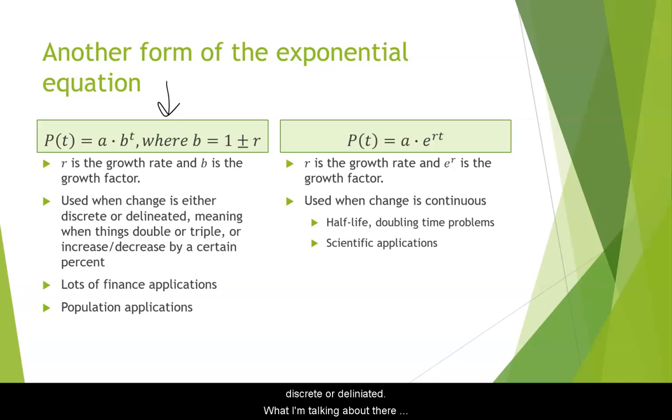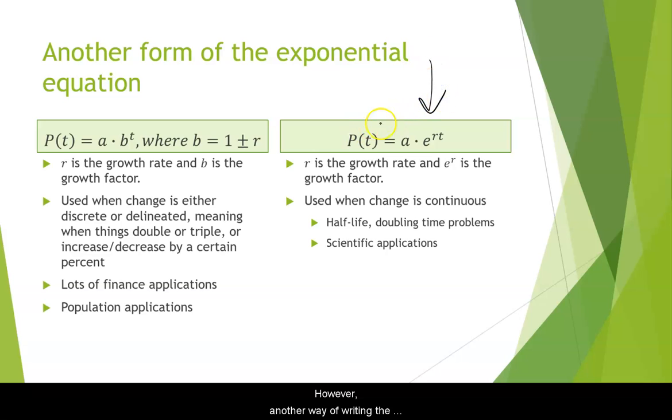So what I'm talking about there is when we're told that the number triples every 3 days or something like that, or when the increase is changing by 5%. That's when we use this P of t equals a times b to the t power. There's a lot of applications in finance, in population, anything where the change is plus or minus some percentage.